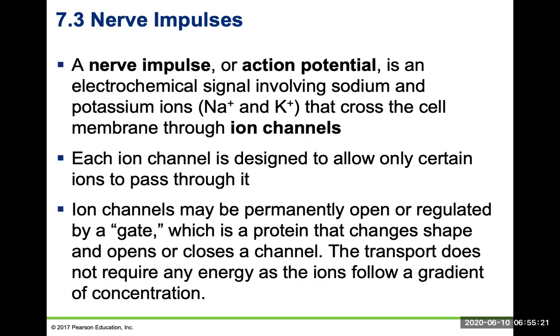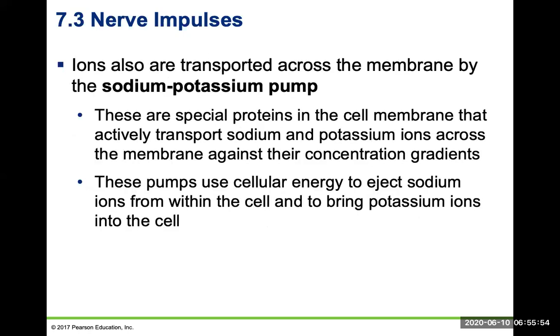So a nerve impulse or an action potential is an electrochemical signal involving sodium and potassium ions that cross the cell membrane of the axon through ion channels. Each ion channel is designed to allow only certain ions to pass through it, and these ion channels can be permanently opened or regulated by a gate, and the transport does not require any energy as the ions follow a concentration gradient, which means they're traveling from an area of high concentration to an area of low concentration.